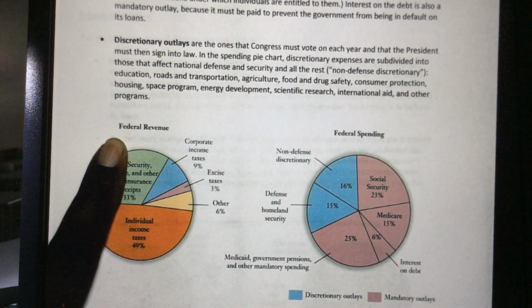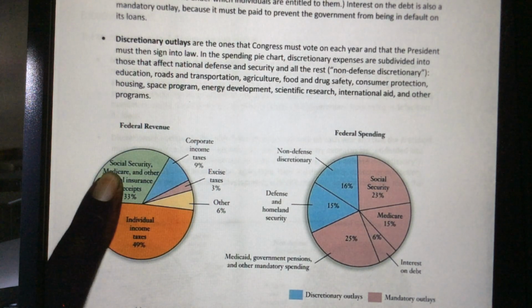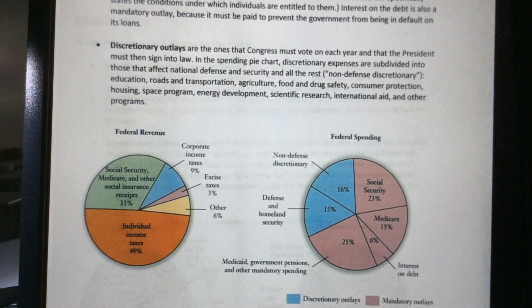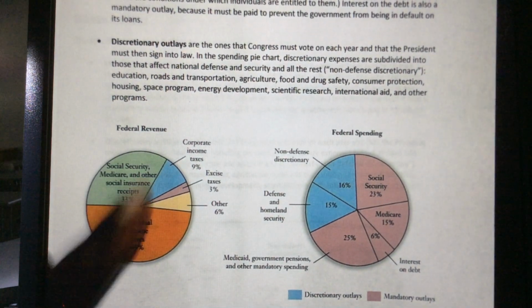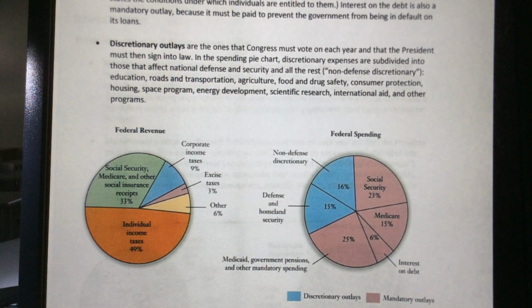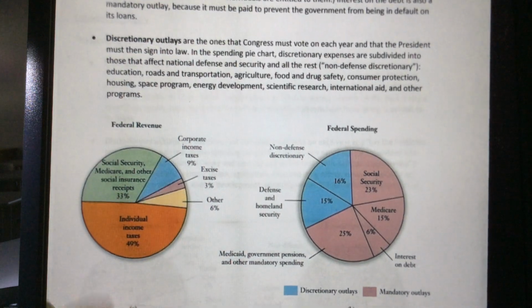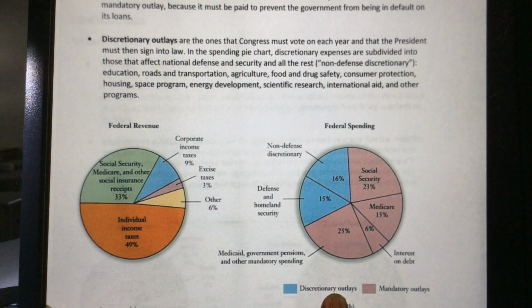So for federal revenue, you can see that 33% or 1/3 is for Social Security, Medicare, and other social insurance receipts. 40% is individual income taxes. And then corporate income taxes is 9%, excise tax 3%, other 6%. And then the federal spending is right here. And by the way, the blue you can see are discretionary outlays.